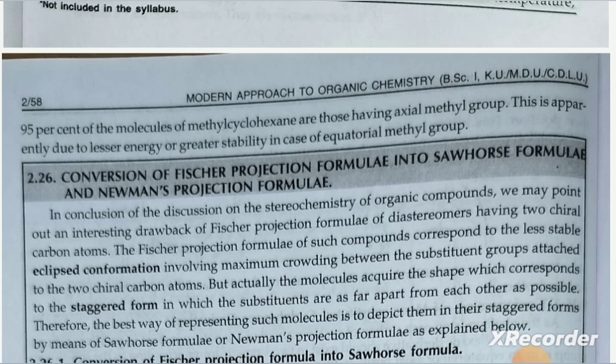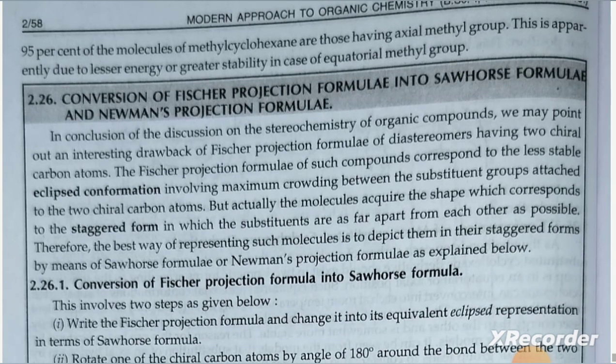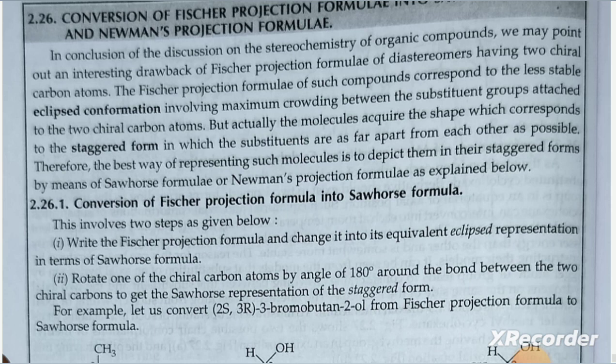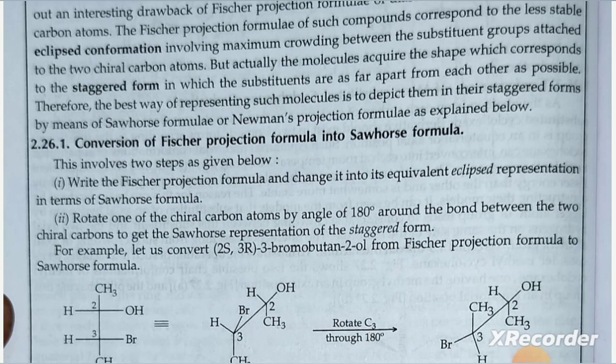Therefore, the best way of representing such molecules is to depict them in their staggered form by means of Sawhorse formula or Newman's projection formula, as explained below. First is conversion of Fischer projection formula into Sawhorse formula. This involves two steps as given below.